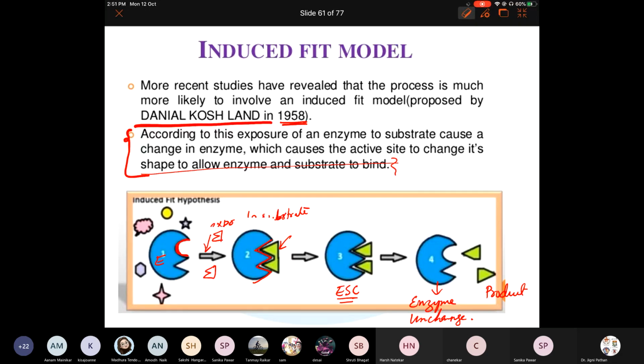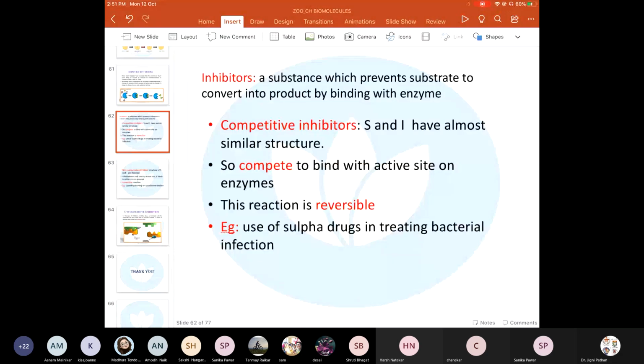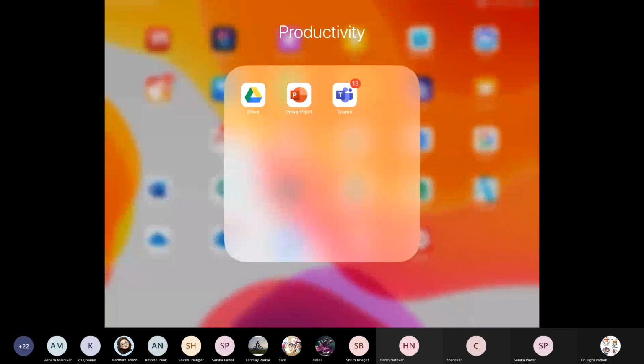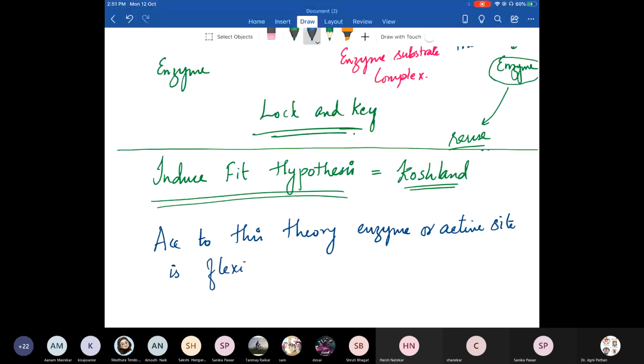So now next, clear to all? According to this theory, write down, according to this theory, the enzyme or active site is flexible.